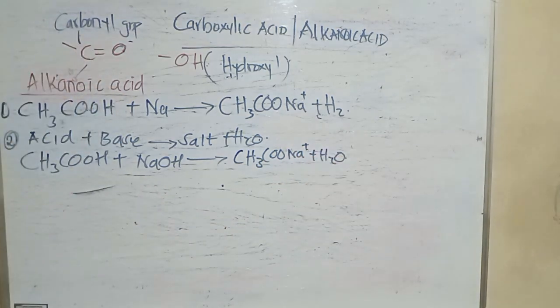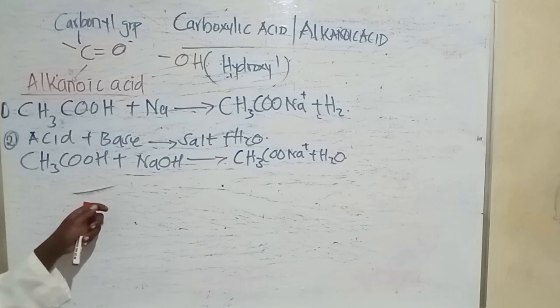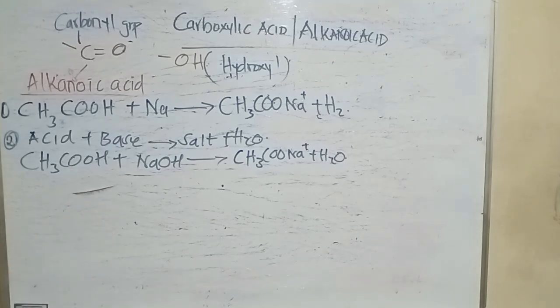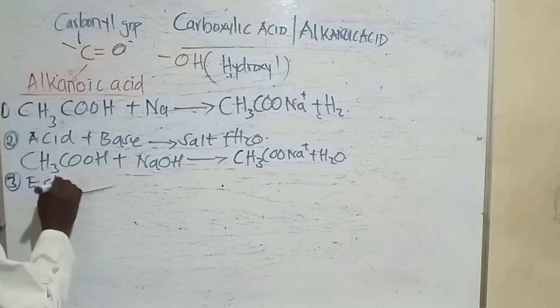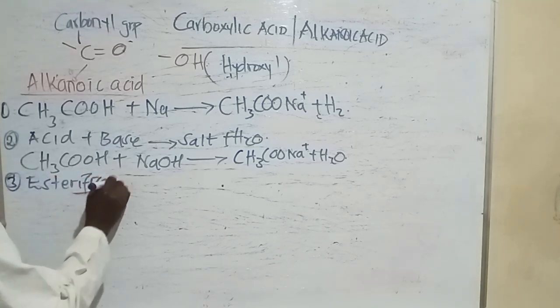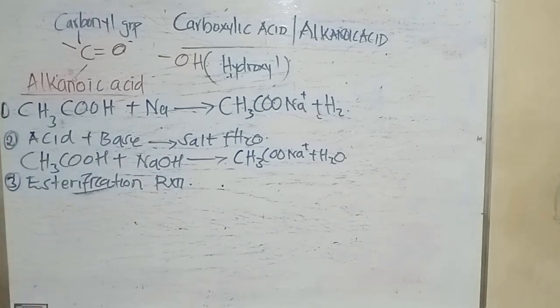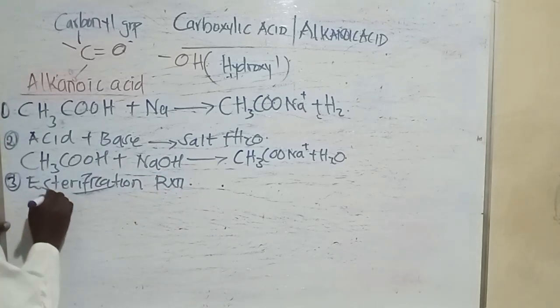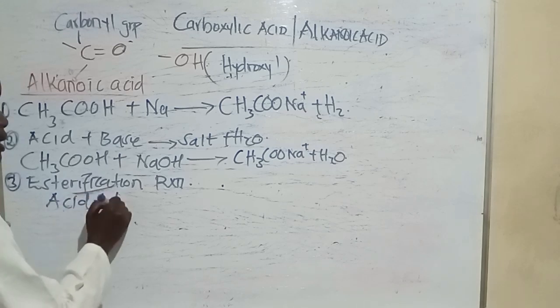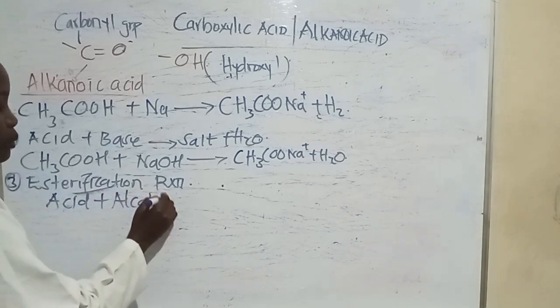Now, the other reaction is the esterification reaction. And what is an esterification reaction? When you're talking about an esterification reaction, you're simply talking about the reaction between an acid and an alcohol.